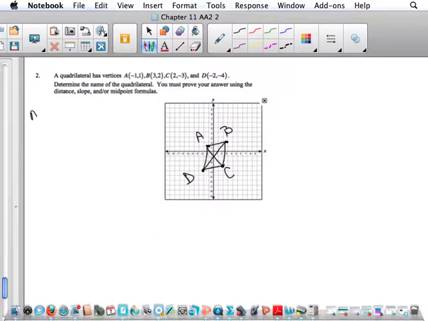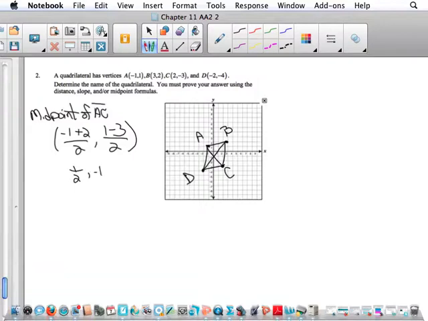So I'm going to find the midpoint of AC, and that is (-1 plus 2) over 2 and (1 minus 3) over 2. So this would be 1/2 and -1. Then the midpoint of DB will be (3 plus 2) over 2.